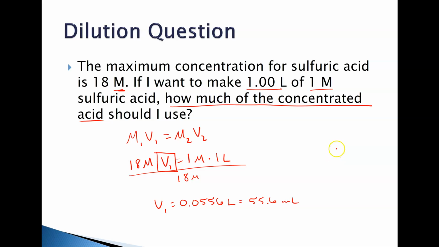So if you think about one of those tall volumetric flasks that you've seen me use with the cork in it at the top, and it's got a little line right here, that's a 1 liter flask. I would put 55.6 milliliters of acid in there, and the rest of it is going to be water. So in 1,000 milliliters of water, I'm going to have 55.6 milliliters of acid. And there's our answer. That about covers dilution.